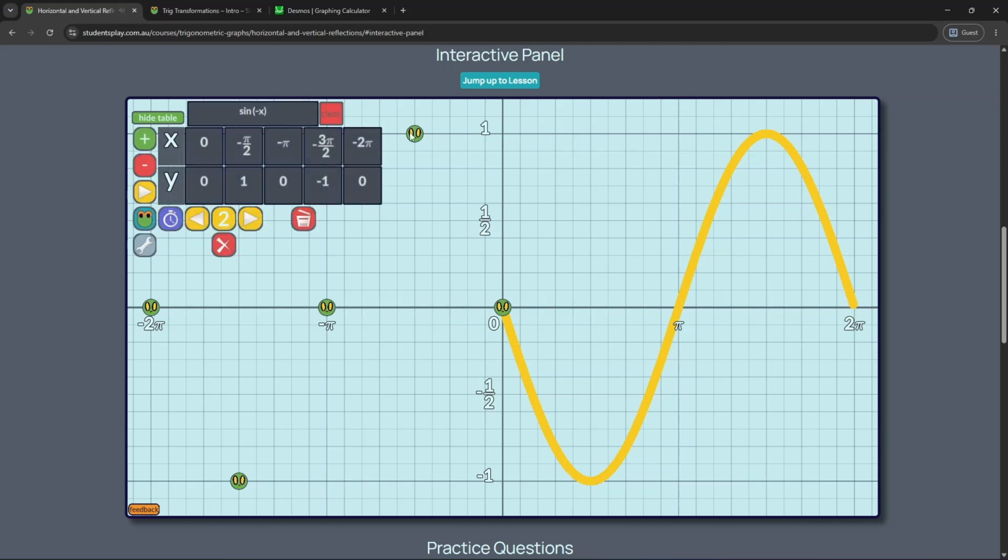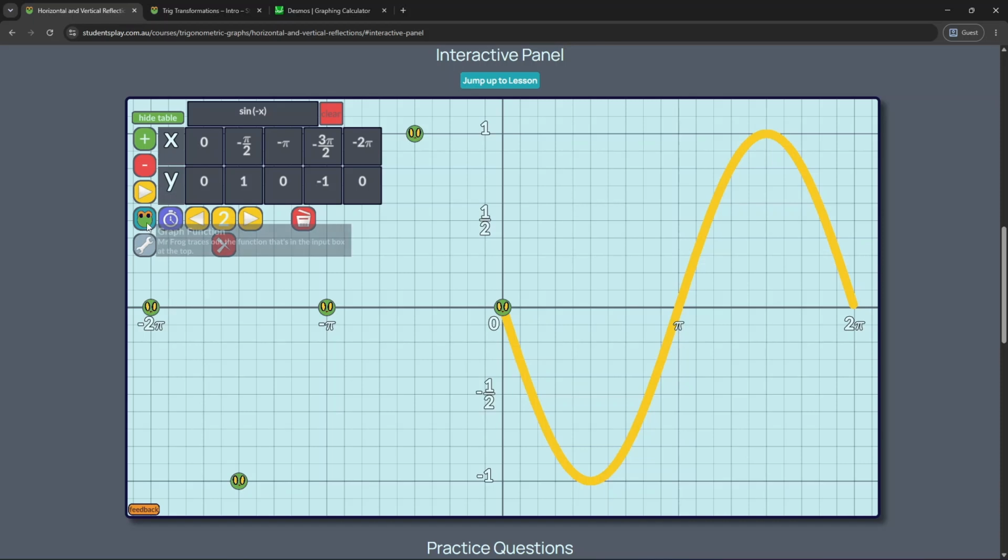They get reflected. So this guy was here, and now he's been reflected to go there. This guy was at pi, now he's been reflected across the y-axis, which is like the mirror, and now he's over here. This guy was over here, now he's reflected over there. This guy was here, now he's reflected over there.